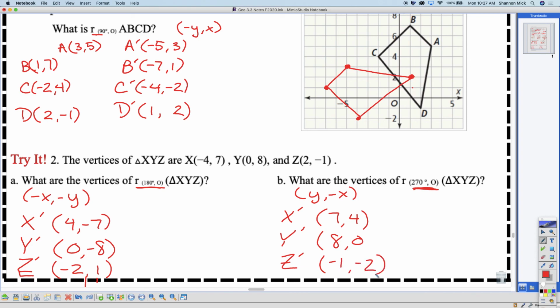I'm doing this so wrong. What are you doing? I got negative 7, 4. But it has the negative on the X, so you're only changing the sign of the X. Oh. Okay? Anybody else? How's it going?